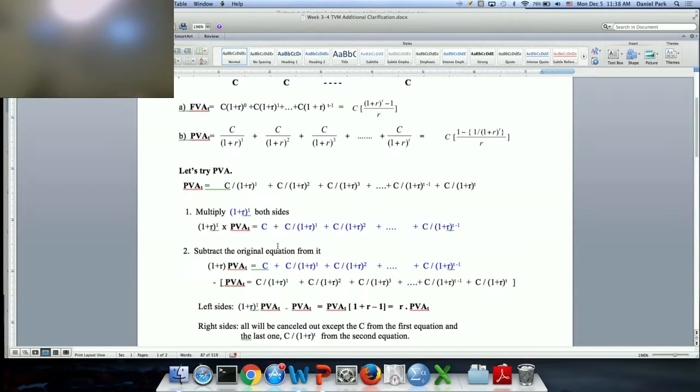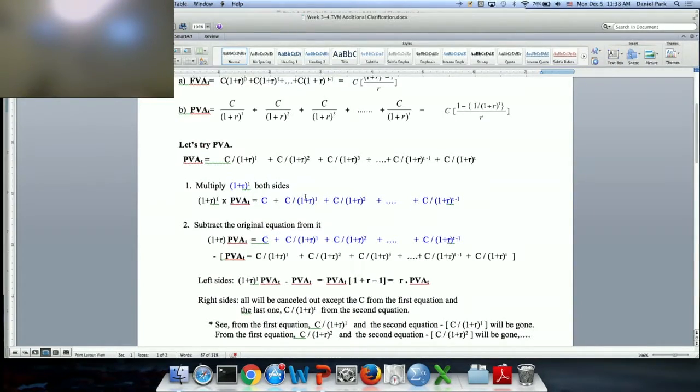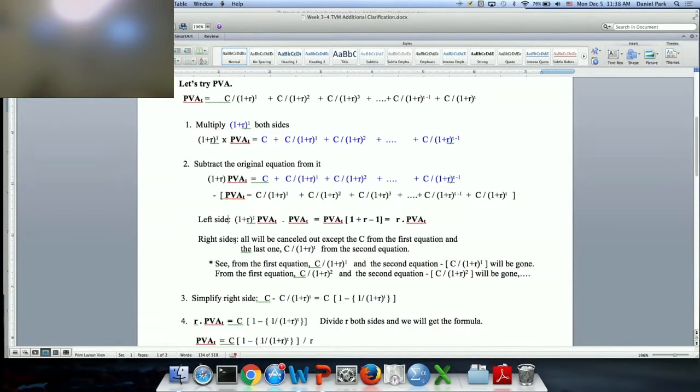Then what we can do is subtract. This new equation minus the original equation. Then what happens? Left side, another typo here. Left side, we have (1 plus R) times PVA minus PVA.